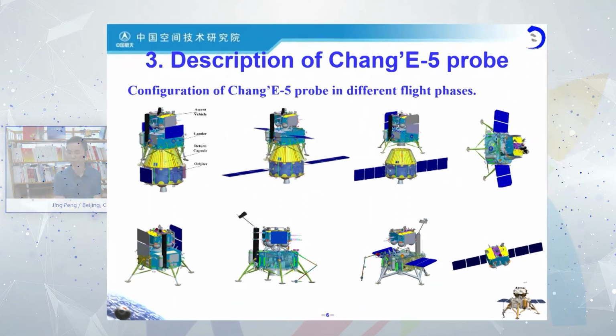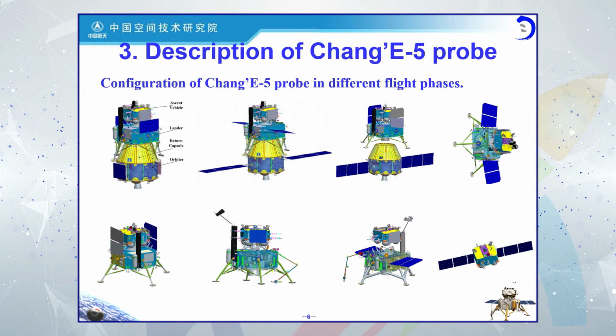Then I'd like to show some diagrams of the Chang'e-5 probe configuration. In the first row, you can see in turn the configuration of the Chang'e-5 probe in the launch vehicle, the solar panel deployed after separation from the launch vehicle, and en route to the moon. Then the complex of ascent vehicle and lander separated from the complex of return capsule and orbiter.